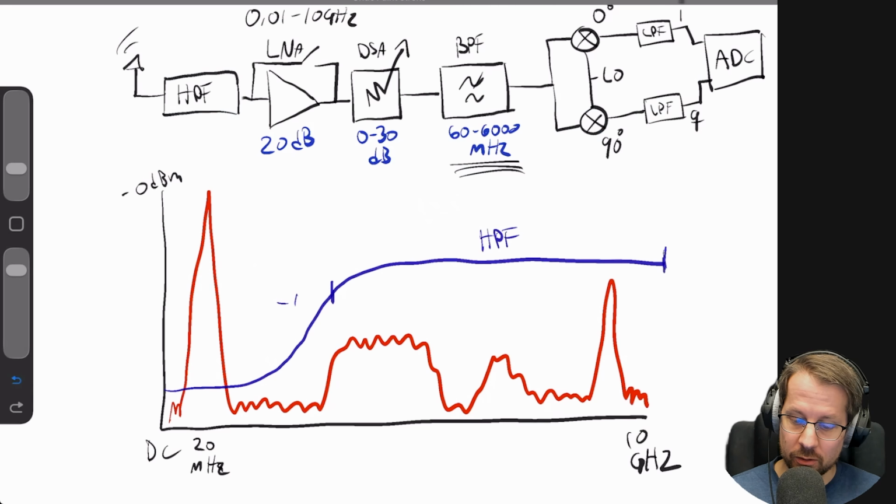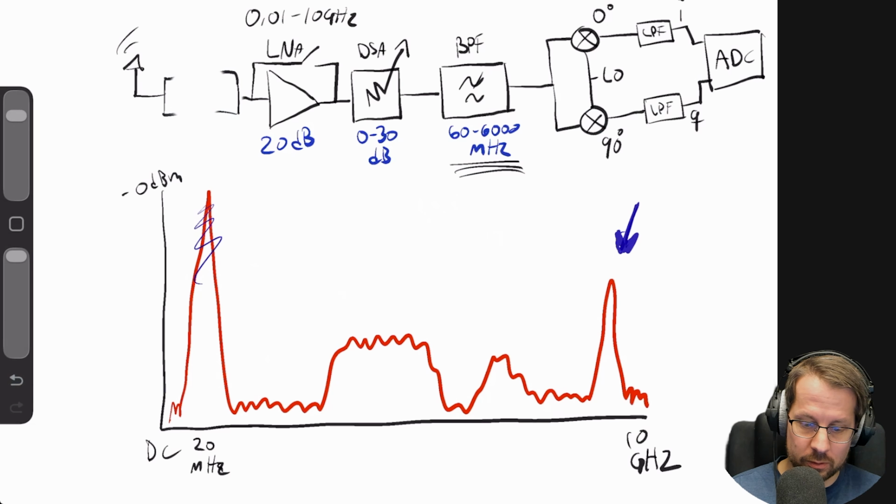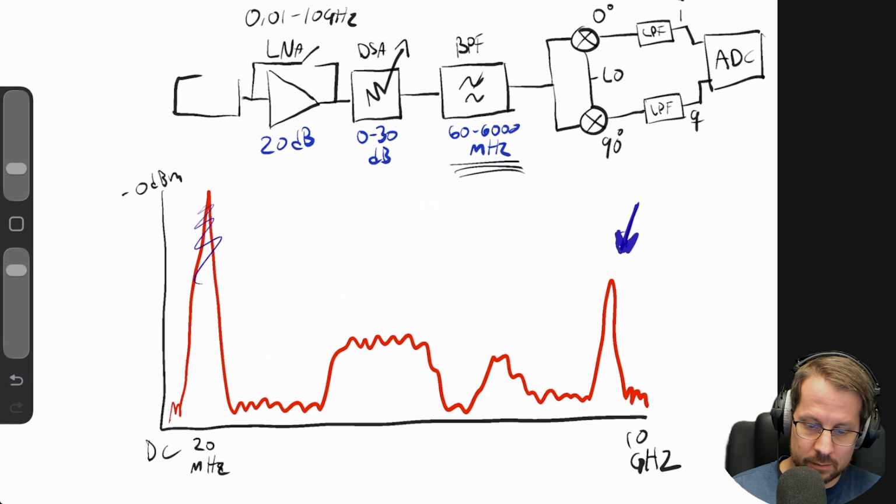And another way you can do it, let's say this signal wasn't there, right? This was the strong signal, right? Let's imagine that. And then we can add something different here at the front end. And then we add a low pass filter.